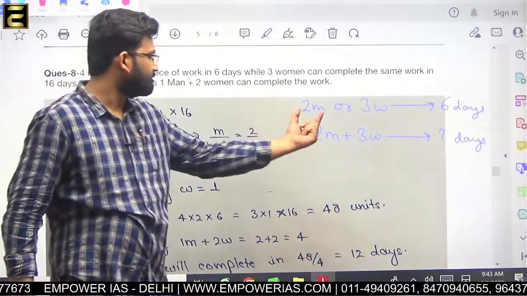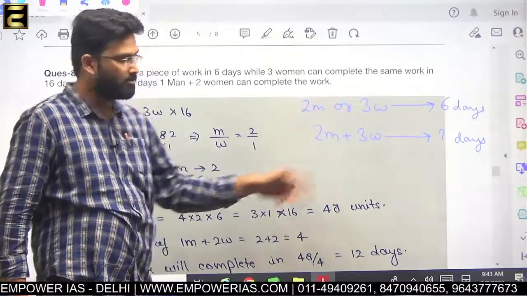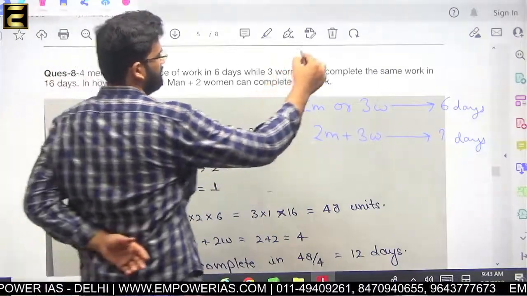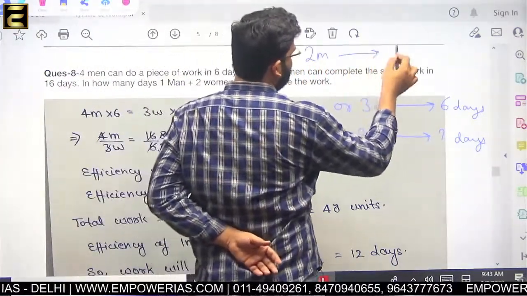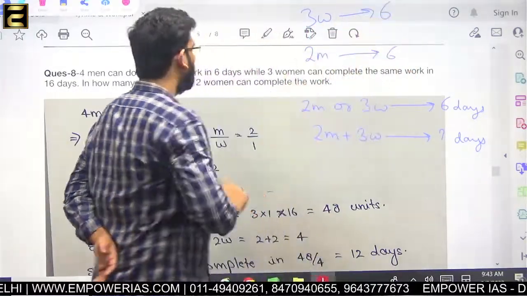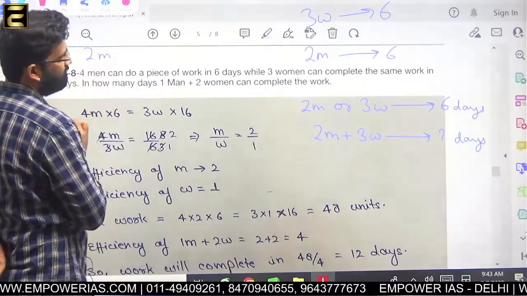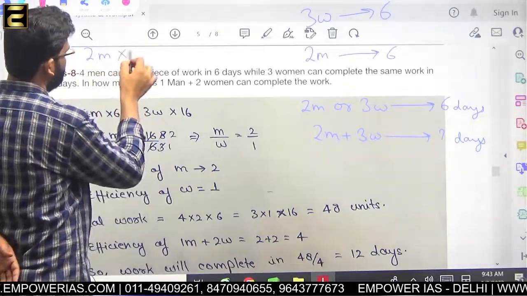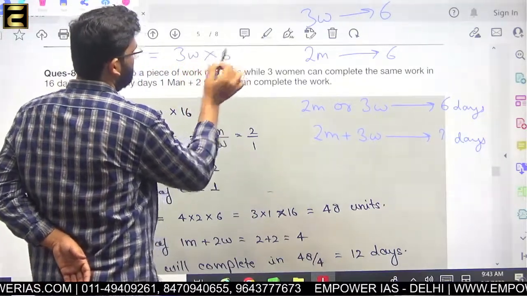So see here, 2 men or 3 women are completing the work in 6 days, or we can say that 2 men can complete the work in 6 days or 3 women can complete the same work in 6 days. Okay, so here 2 men into 6 is equal to 3 women into 6.